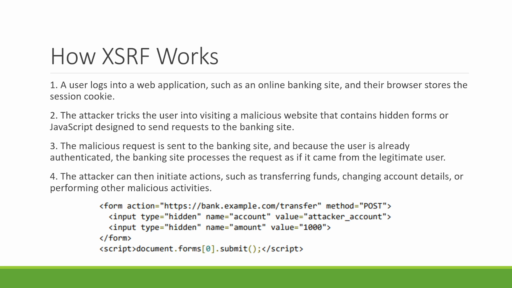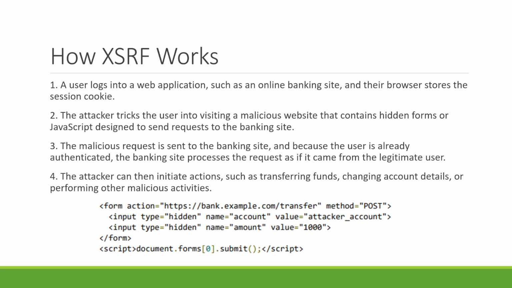We now store the session in a session cookie. The attacker tricks the user into visiting a malicious site, which contains hidden forms, so that way we can send requests to the banking site. Because we're already authorized on the banking site, the request will go through our computer, which then will send the money straight to the attacker.